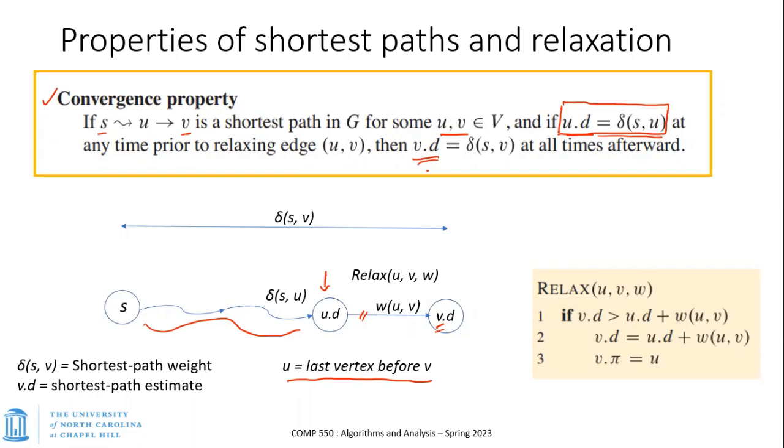So essentially we're saying that you have this long path from source to different vertices, you get to U, and that's the last vertex before V. And we're saying if the estimate at U is already the shortest path, and if we immediately after that relax the edge between U and V, then V's estimate is now going to become the shortest path weight.